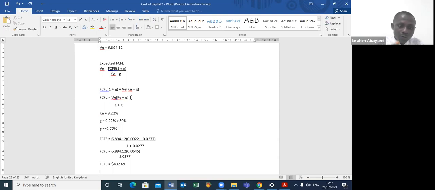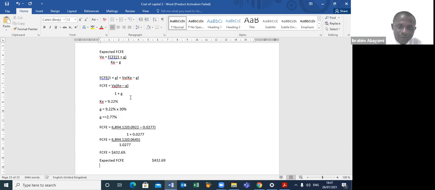Expected free cash flow to equity is 432.69. What about the current? Current free cash flow to equity is 400.00.